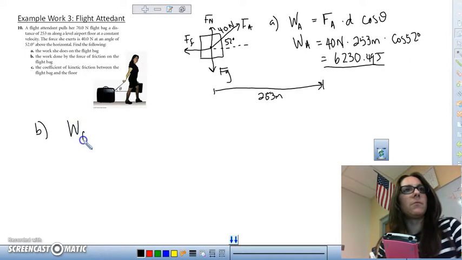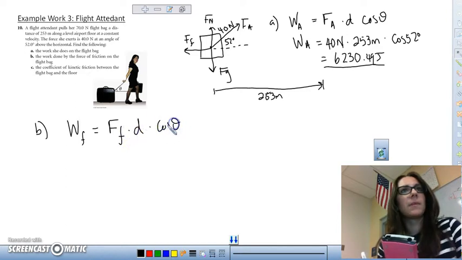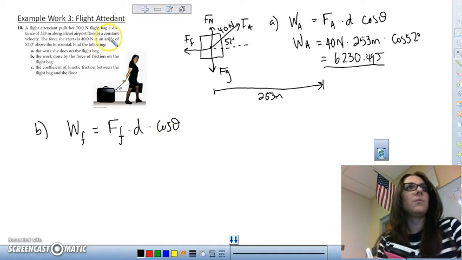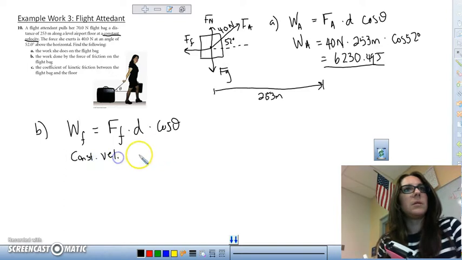The work done by friction will be the force of friction times the distance that it went times cosine of the angle. Here we see a key word, which is constant velocity. If it's constant velocity, that means the sum of the forces, specifically in the x direction, is equal to 0.